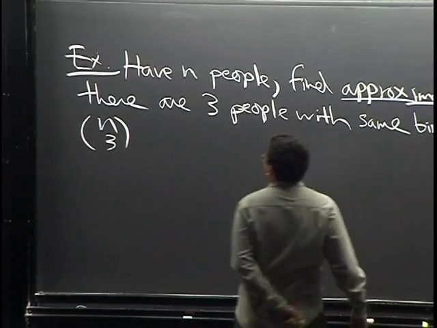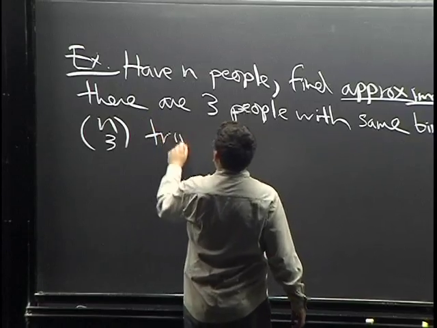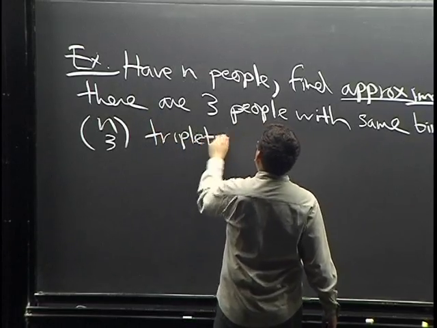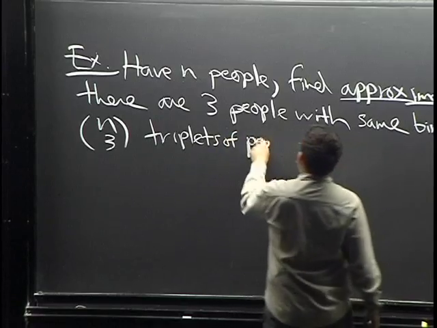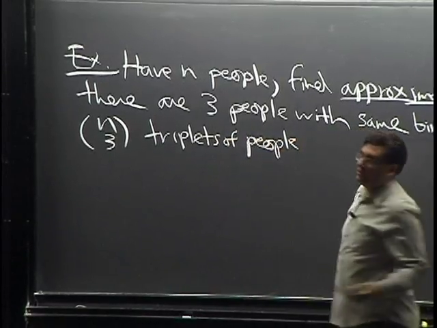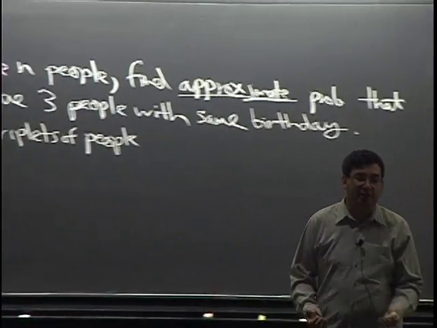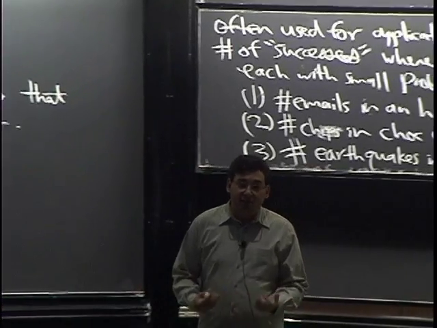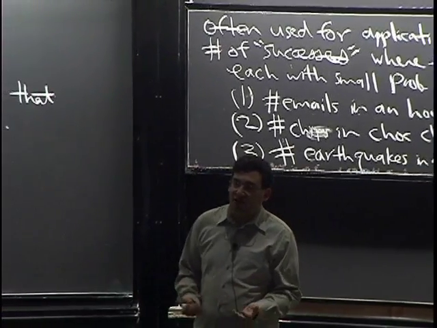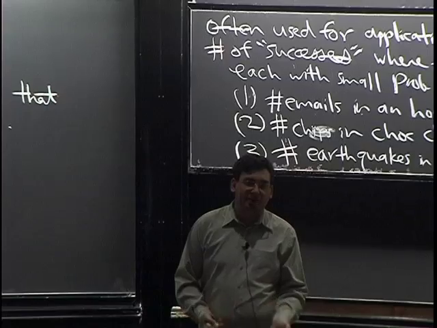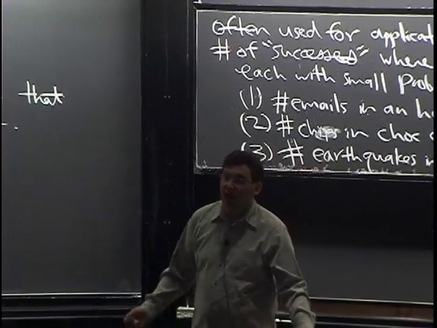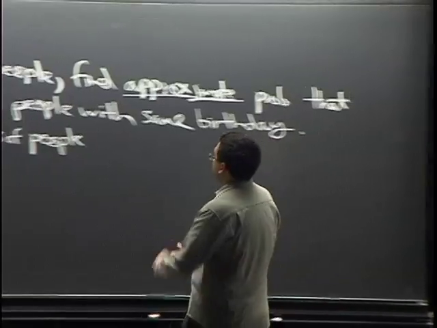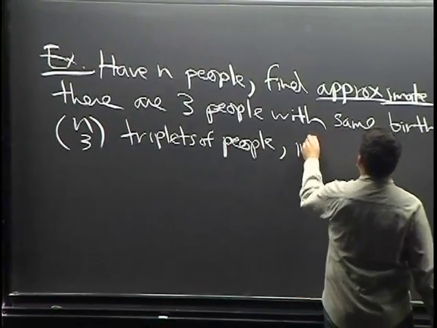So there are n choose 3 triplets of people, right? Assume that the people, as usual, are labeled as 1 through n. Take any subset of 3 people. I call that a triplet. For each triplet, you can ask the question, does that triplet have the property that all 3 of them have the same birthday or not? Right? So we would create an indicator random variable for each one.